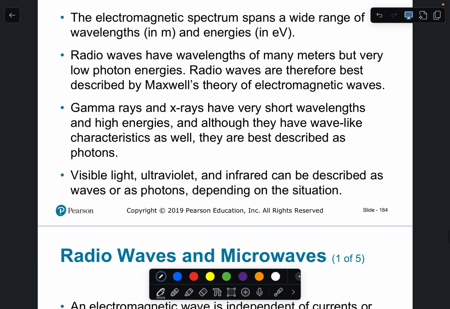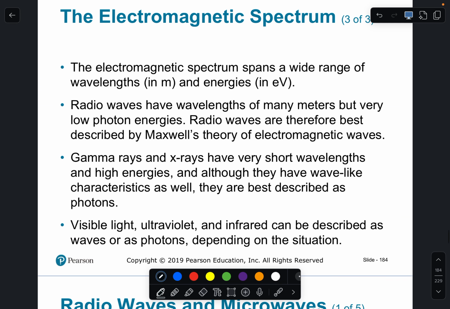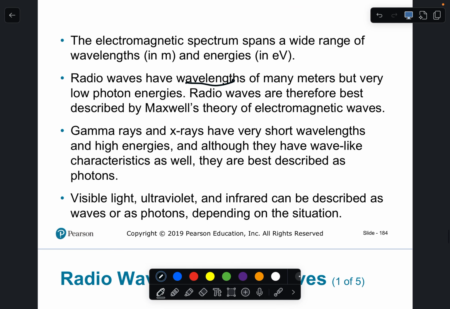This just explains the electromagnetic spectrum in terms of wavelength and frequency. Actually, they don't mention frequency here, but I did. And eVs.